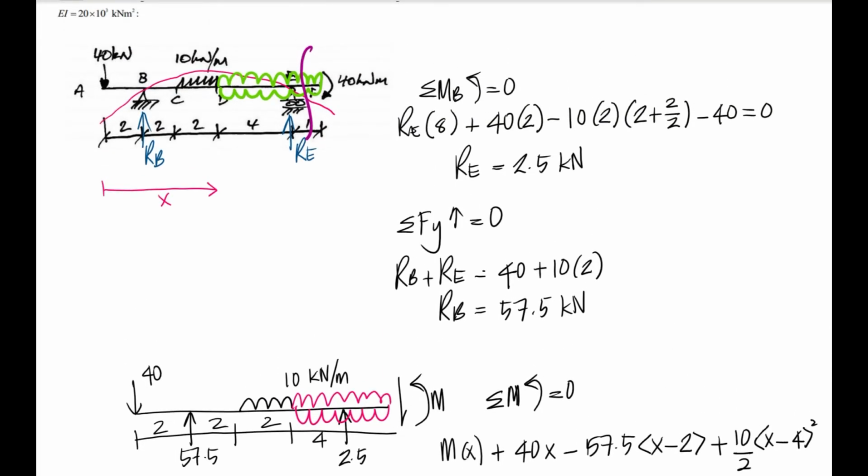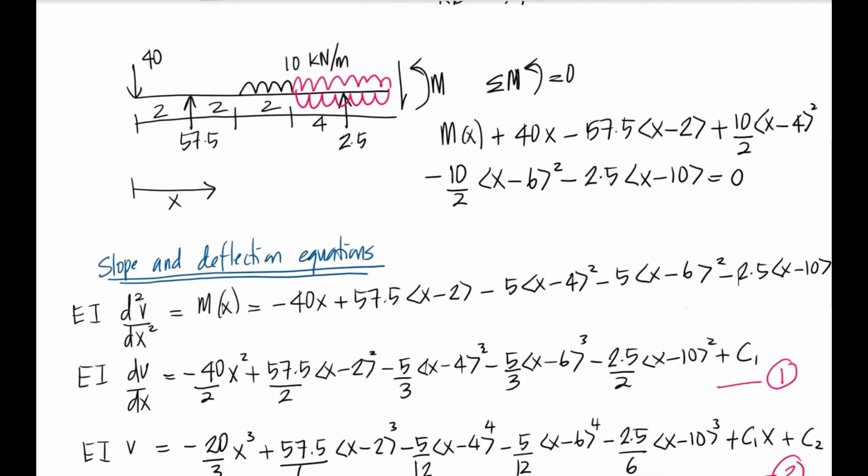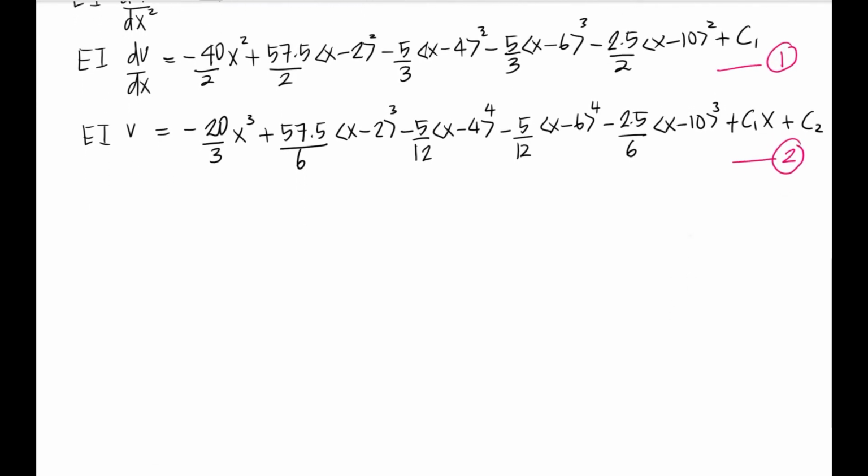Here we have a pin support and a roller support, so the boundary conditions are v equal to 0 when x equal to 2, and v equal to 0 when x equal to 10. Now we calculate to find the unknowns c1 and c2.